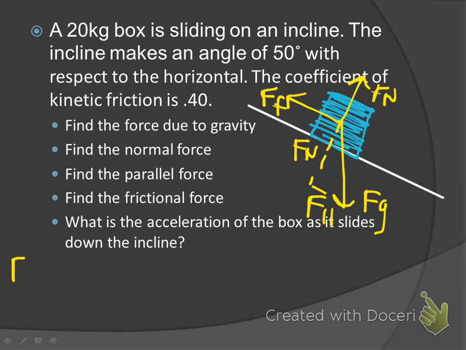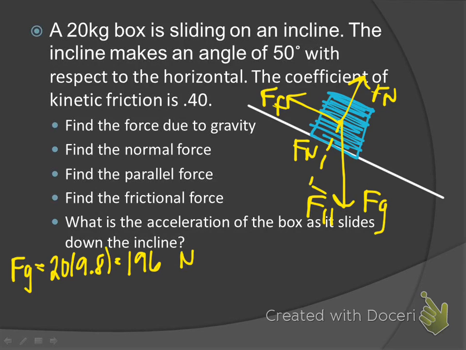All right, so F sub g is equal to mass times gravity. That's going to be the hypotenuse of that gravitational triangle. Oh, oops, I'm one off. 196.